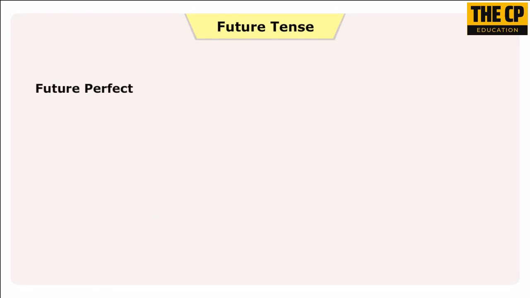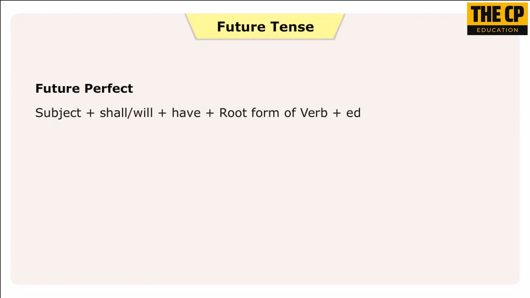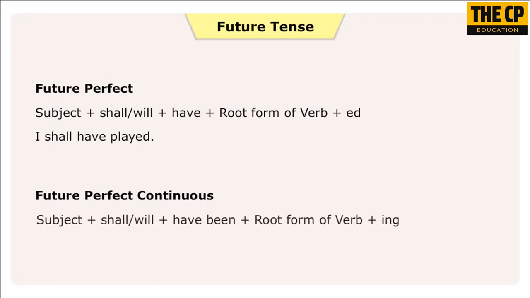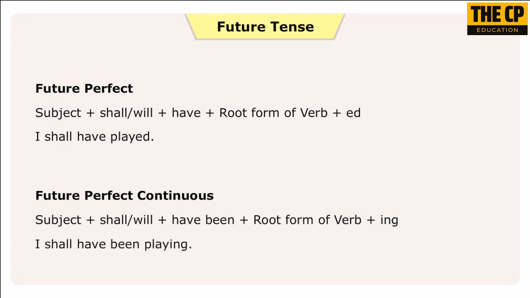Future perfect: subject plus shall or will plus have plus root form of verb plus ed. I shall have played. Future perfect continuous: subject plus shall or will plus have been plus root form of verb plus ing. I shall have been playing.